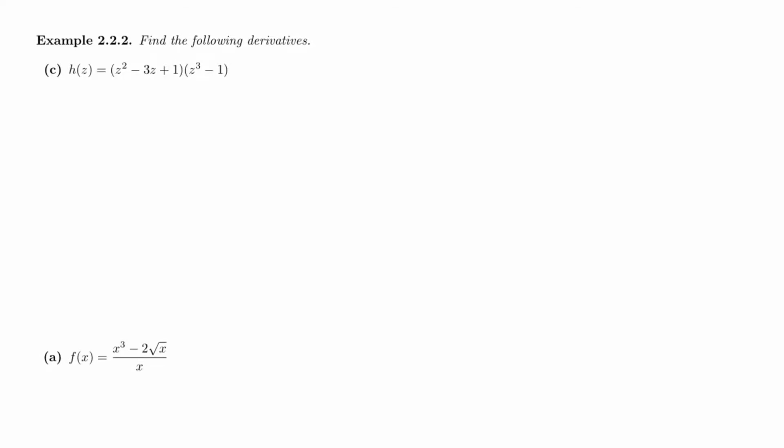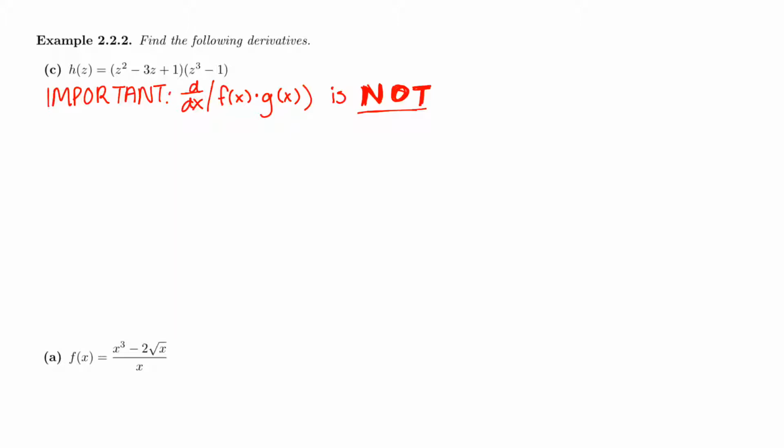All right. So before I had told you, multiplying functions together doesn't work the same way with derivatives. So I'll make the actual note here important. The derivative of two functions being multiplied together is not, underline, not f prime of x times g prime of x.